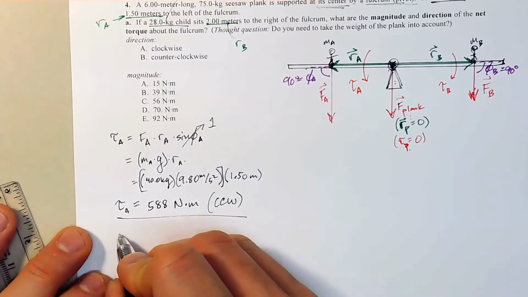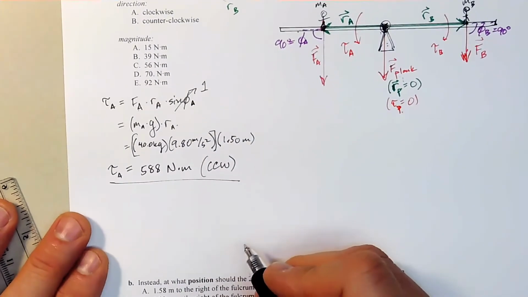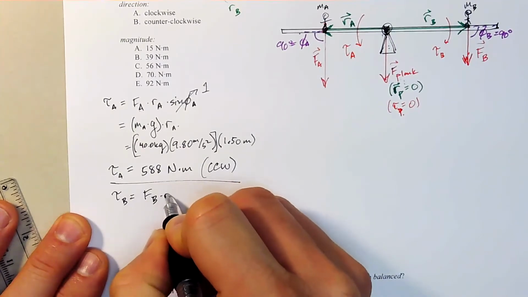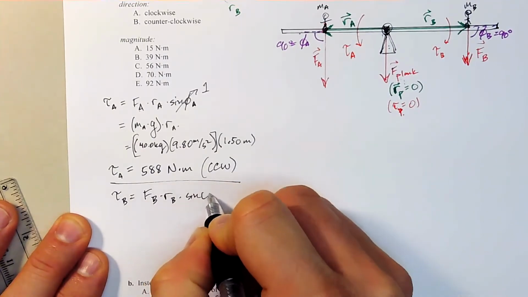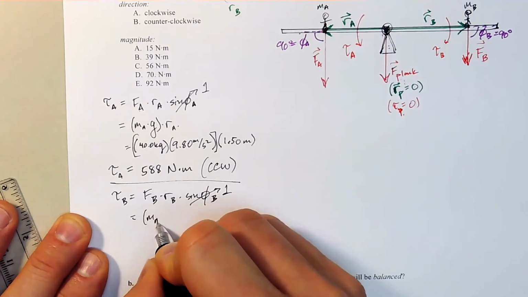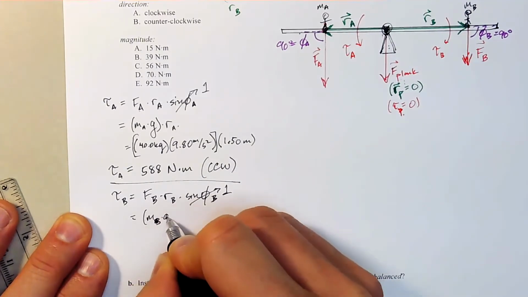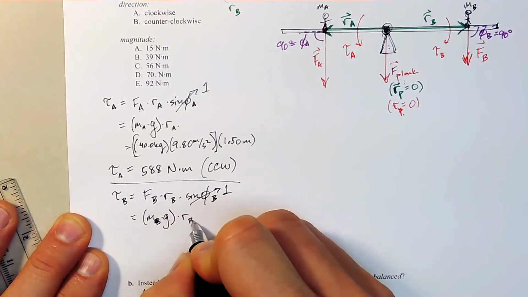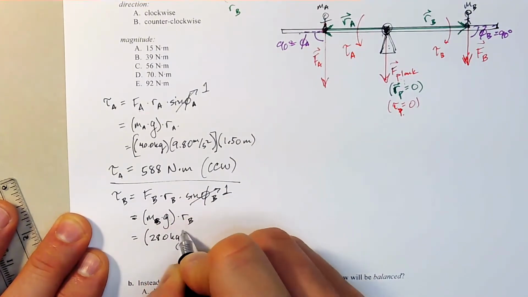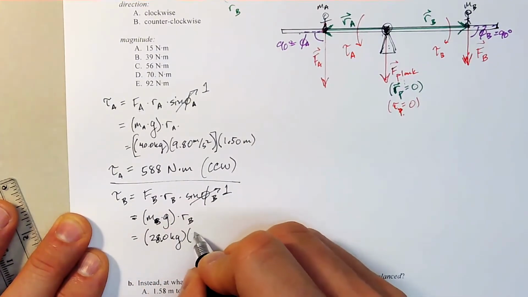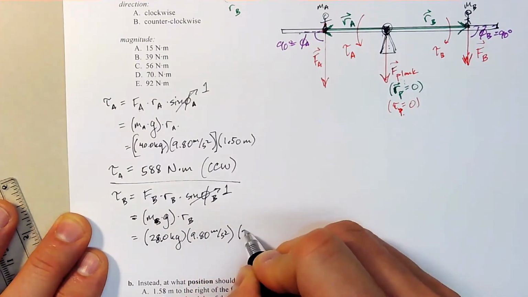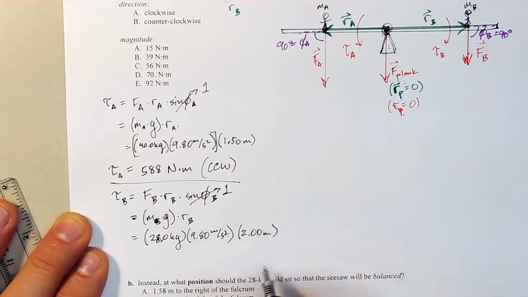All right, let's do the same calculation for child B. Now, in this case, the position of child B is given.